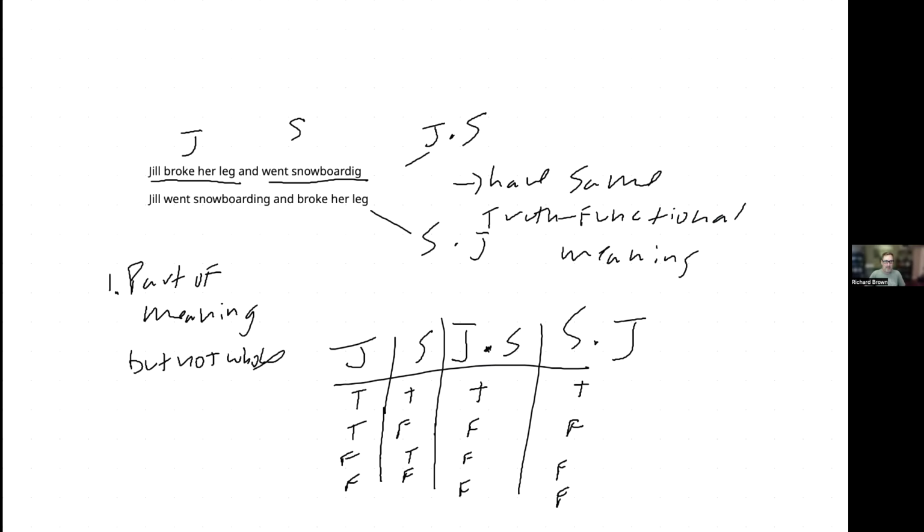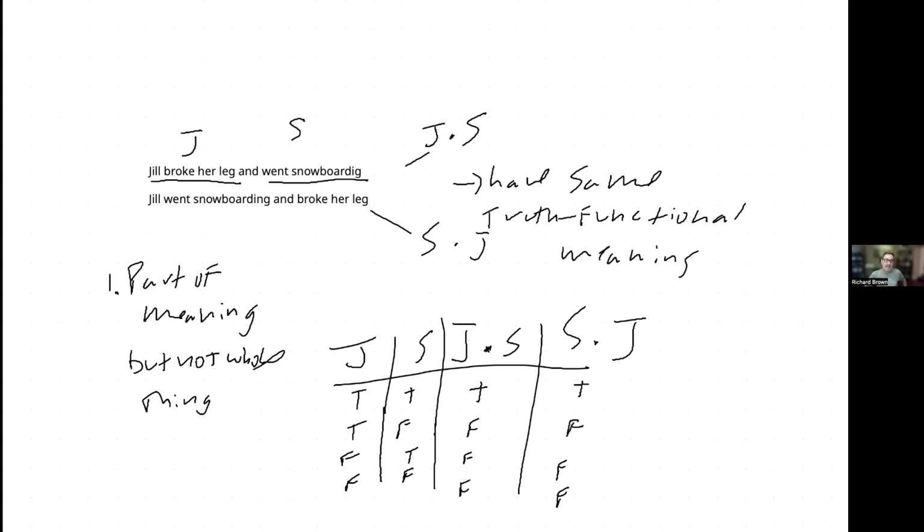So maybe there's some other kind of meaning associated with and in these cases. When you translate these kinds of sentences in this way, you're losing part of the original meaning of the word and, so that the propositional logic doesn't say everything there is to say about the meaning of the word and.